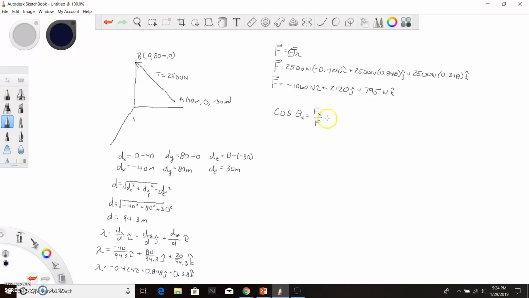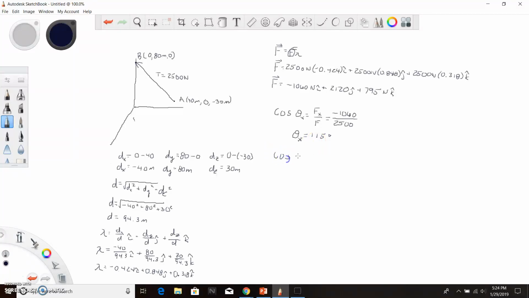So this is just going to equal the x component, negative 1,060 divided by 2,500, and my theta x is going to end up being 115 degrees.